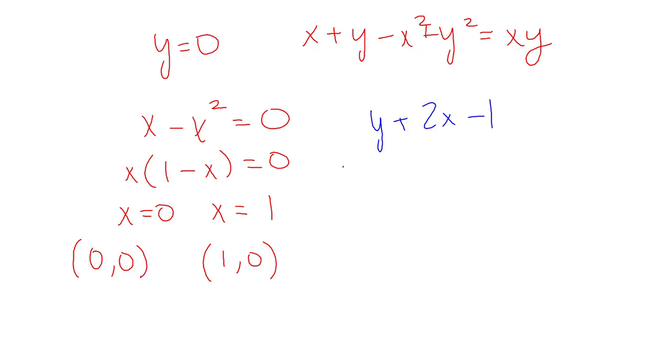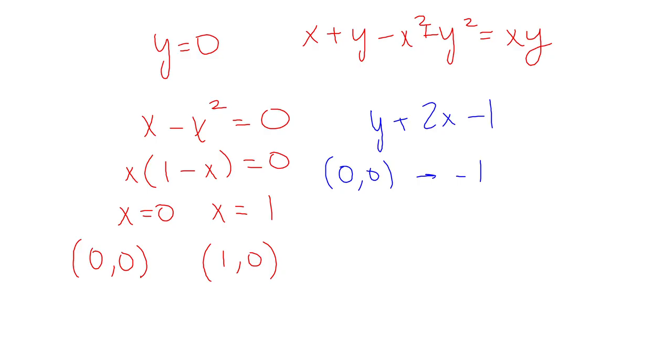(0, 0) is going to give us negative 1. That's not equal to 0, so that's good. Sorry, yeah, we're checking in the numerator. So that's fine.